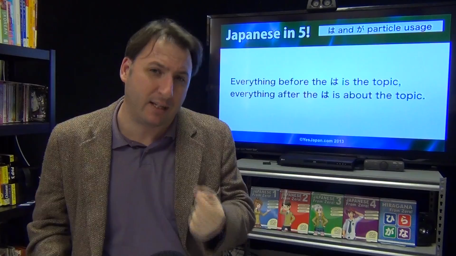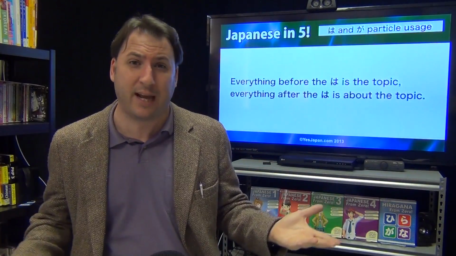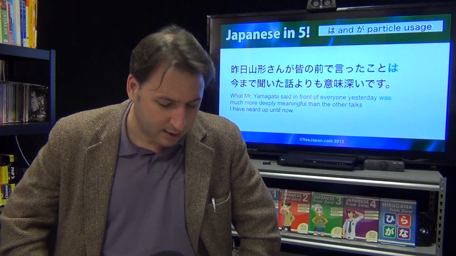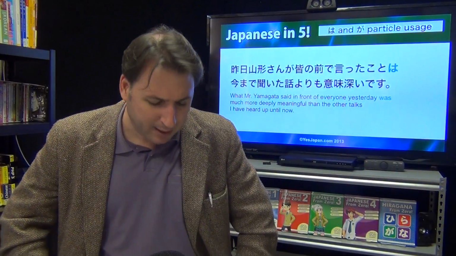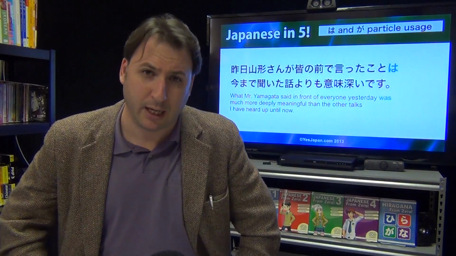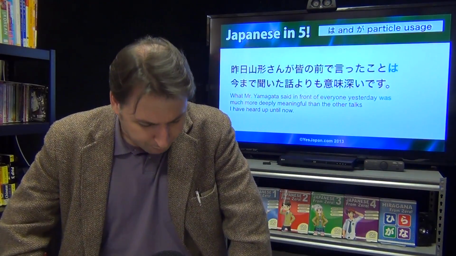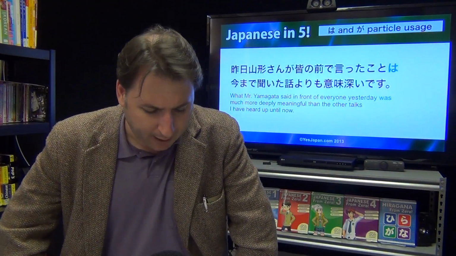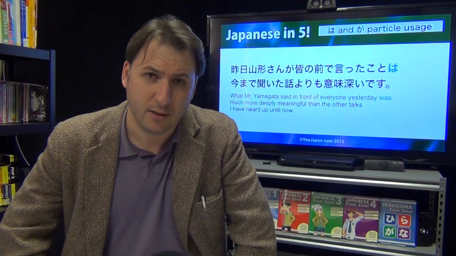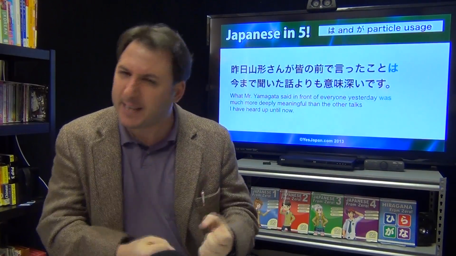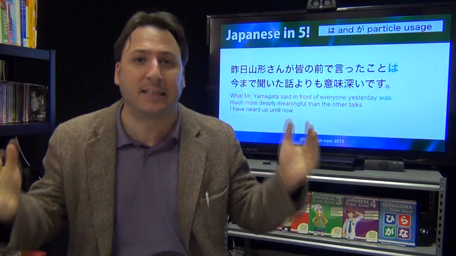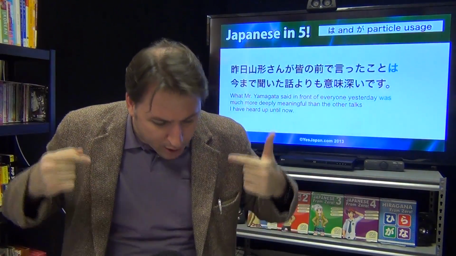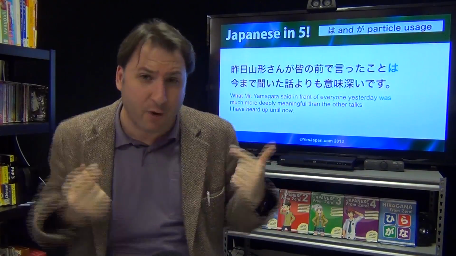Let's look at an extremely advanced sentence, a big sentence to prove that this is the case, no matter how complicated the sentence gets. 昨日山形さんがみんなの前で言ったことは、今まで聞いた話よりも意味深いです。The thing that Yamagata-san said yesterday in front of everybody, that's the topic, was much more deeply meaningful than the other talks I have heard up until now.